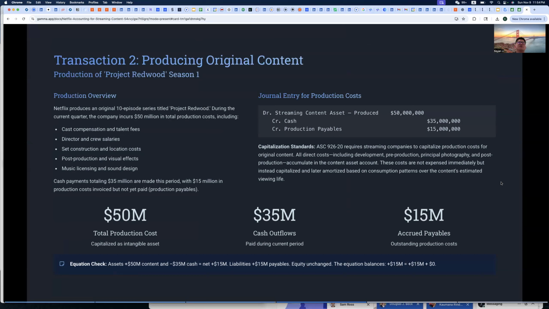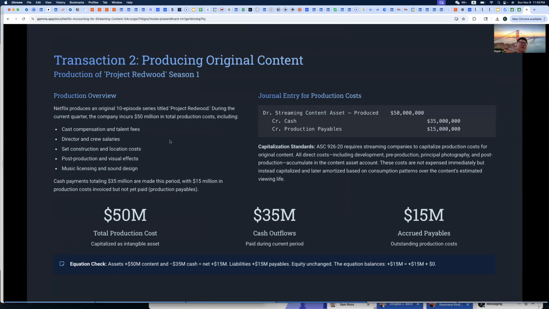And for the transaction of producing original content, for example, the production of Project Red Wolf season one. Netflix also produces a lot of original content, for example, an original 10-episode series, which is Project Red Wolf.